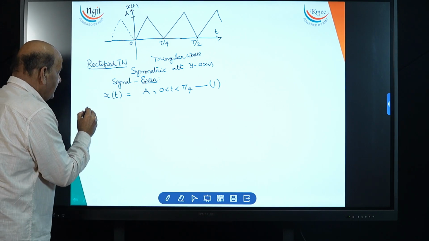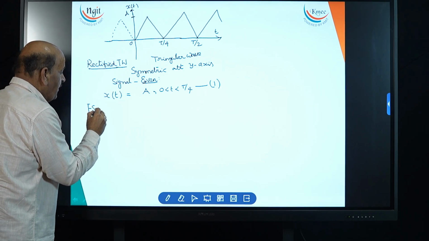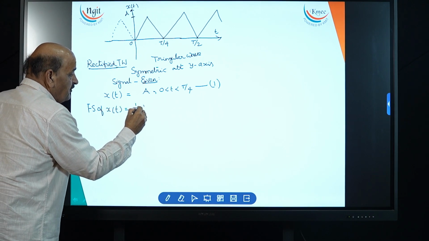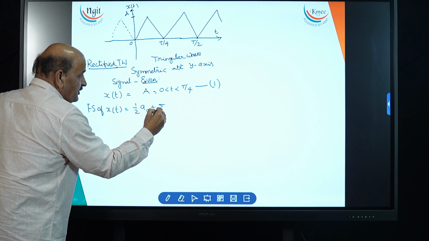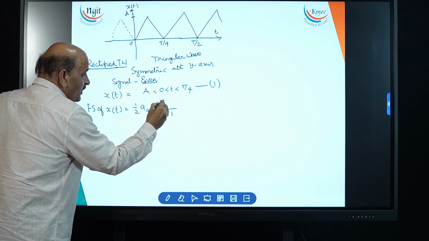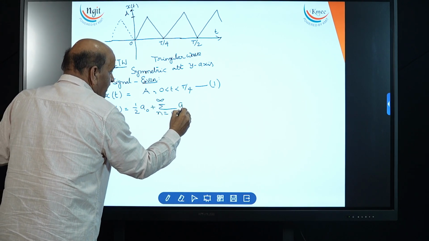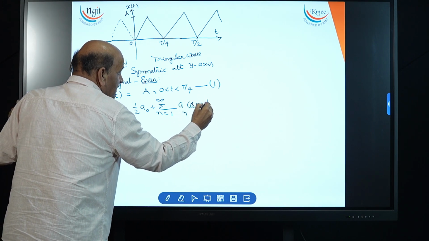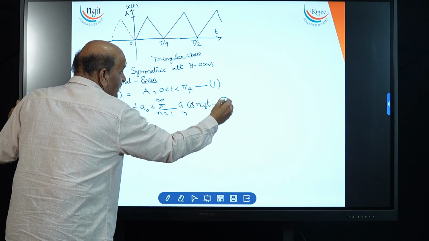Since it is even, the Fourier series of x of t is equal to a naught by 2 plus summation n equal to 1 to infinity an into cos n omega naught t, only this one.